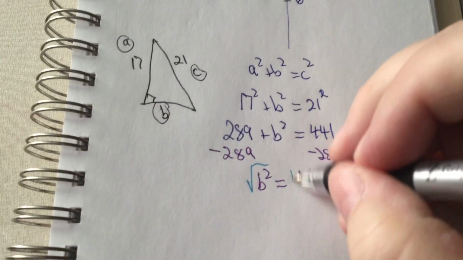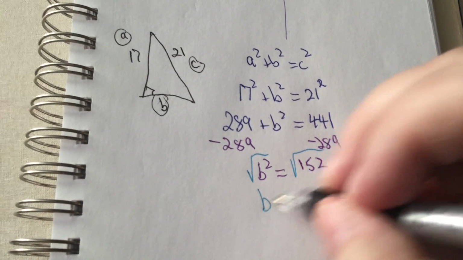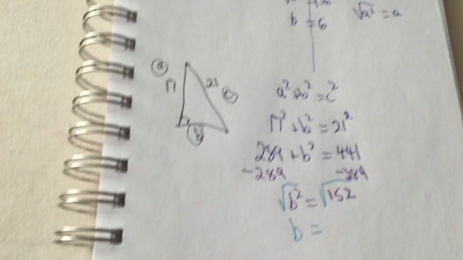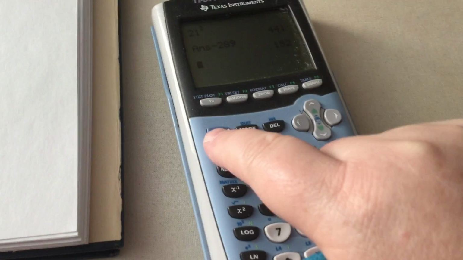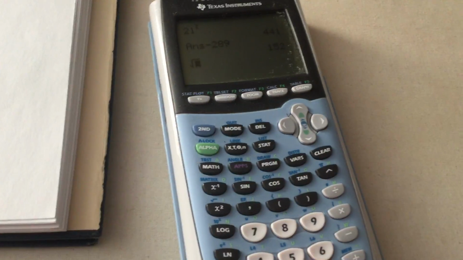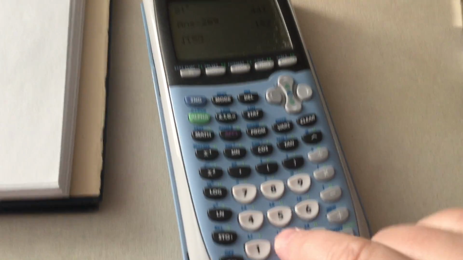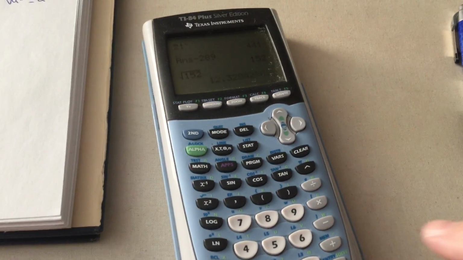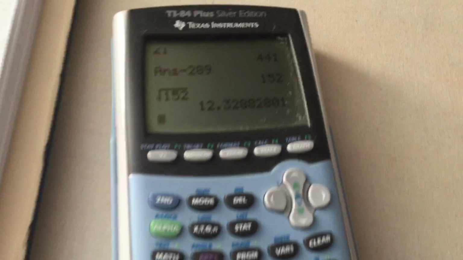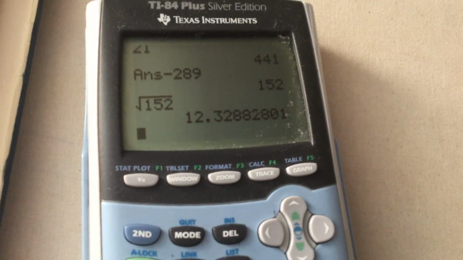Take square root both sides. And b. Now I need the square root of 152. So, where's it at? Second square root 152. Equals 12.3288.